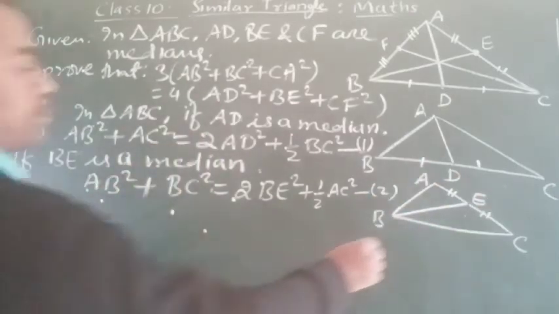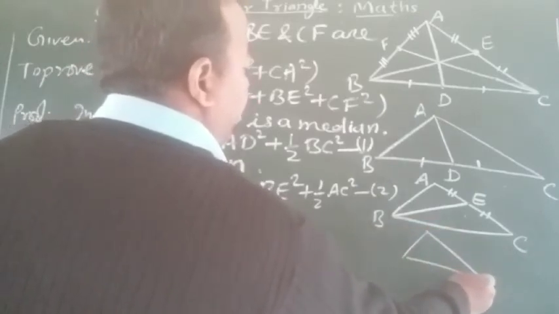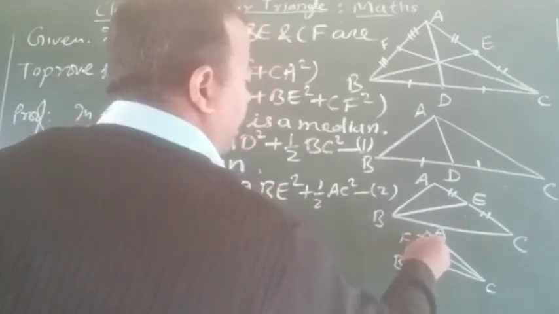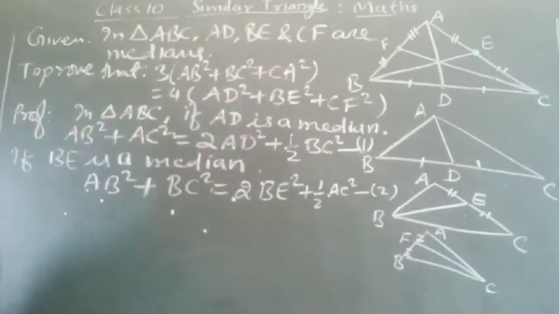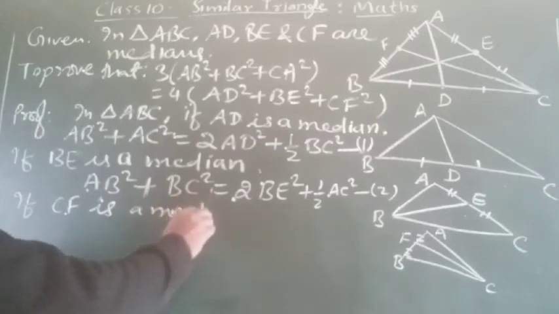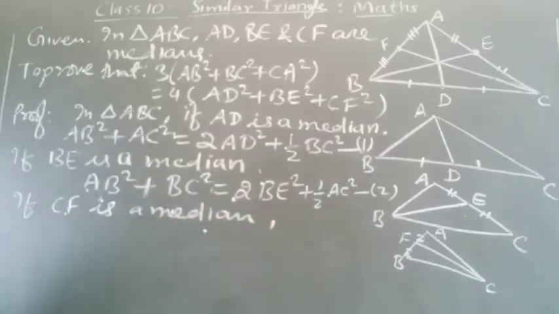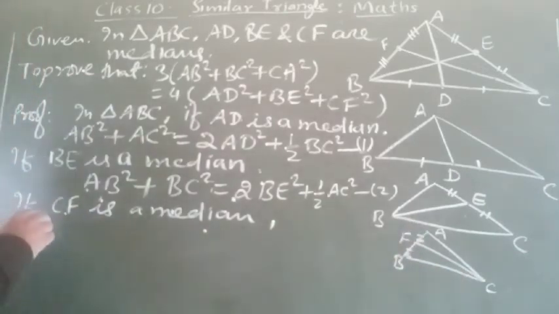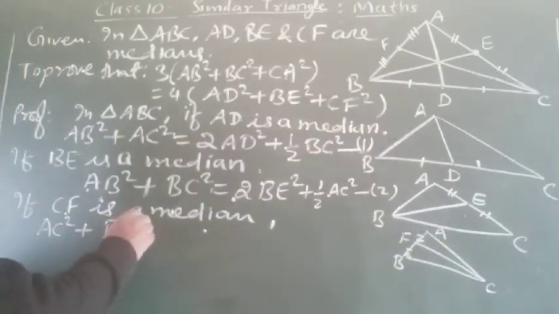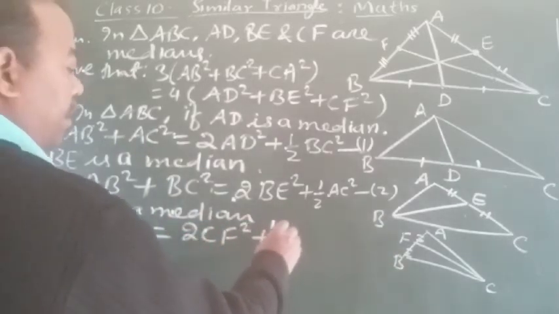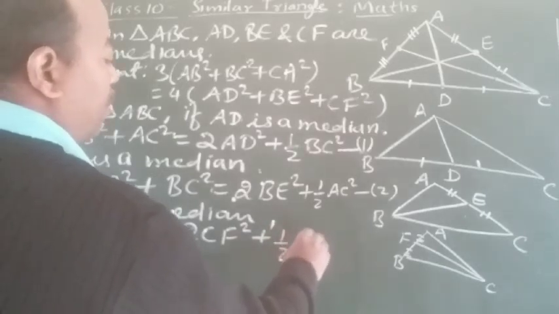Now the third one, if CF is a median, then we can write AC square plus BC square equals 2CF square plus half AB square.